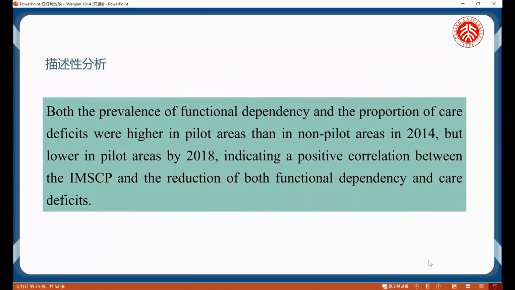Both the prevalence of functional dependence and the proportion of care deficits were higher in pilot areas than non-pilot areas in 2014, but lower in pilot areas by 2018, indicating a positive correlation between the IMCP and the reduction of both functional dependence and care deficits.